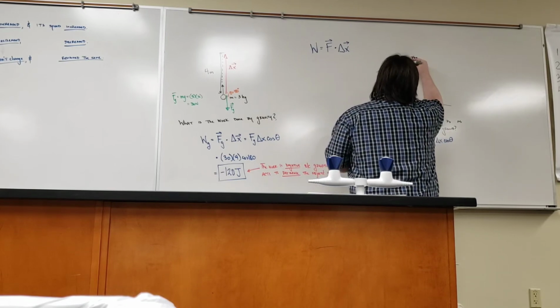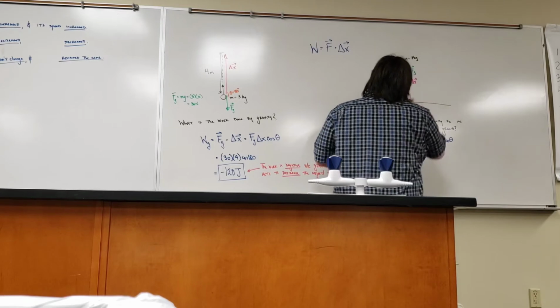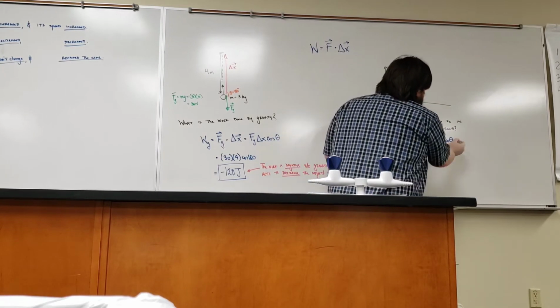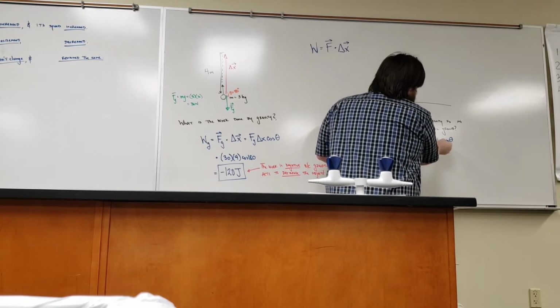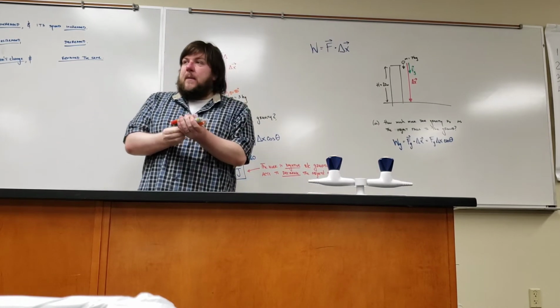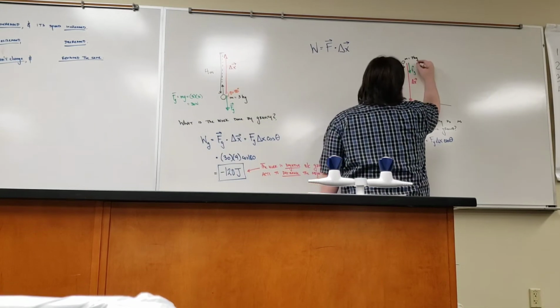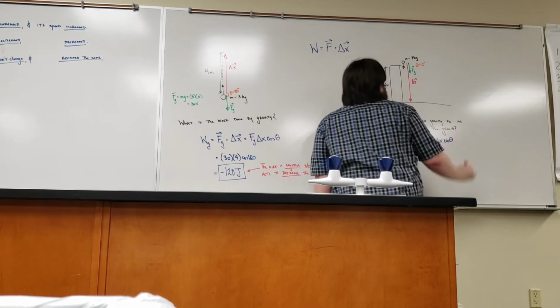Down. So what is theta, the angle between the force of gravity and the displacement? It's 0 for this problem. If they're both pointing down, then the angle between these two vectors is 0 degrees.